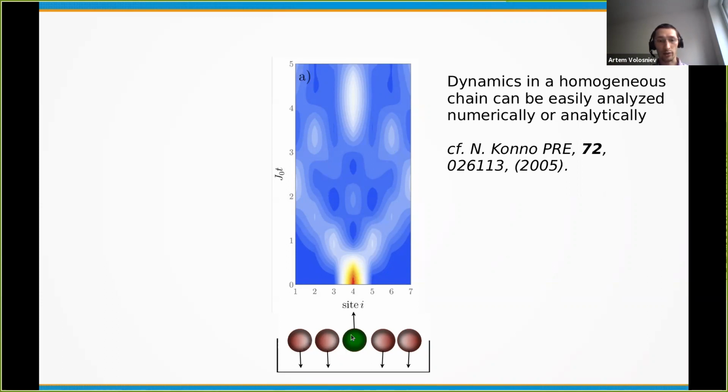Here you have 7 sites. I have 5 particles, but it's okay. So you flip a particle in the middle. At time 0, you just have a particle in the middle, and then it evolves in time. It hits the boundary, and then it goes back. So it's a pretty understandable dynamics.